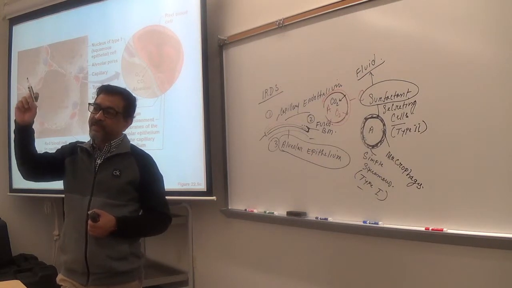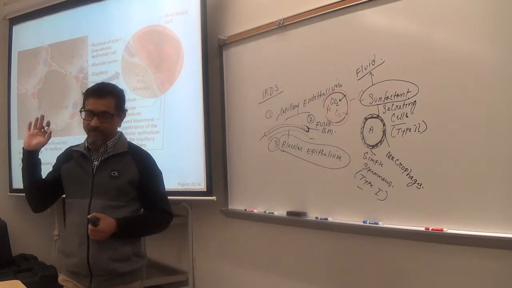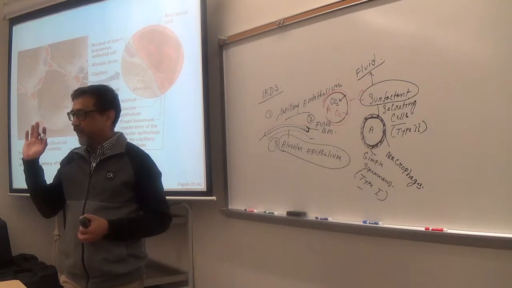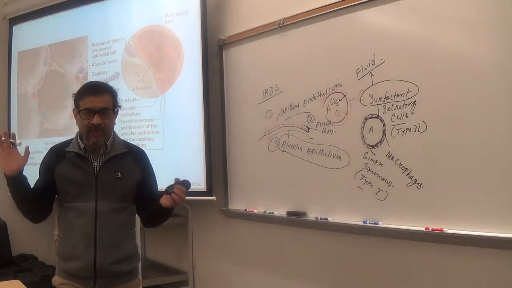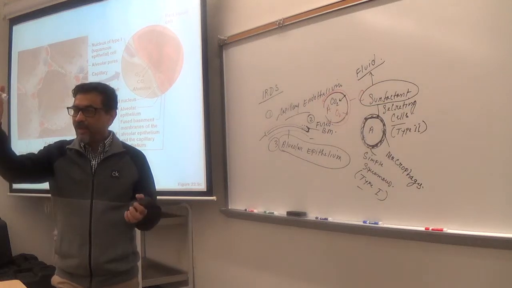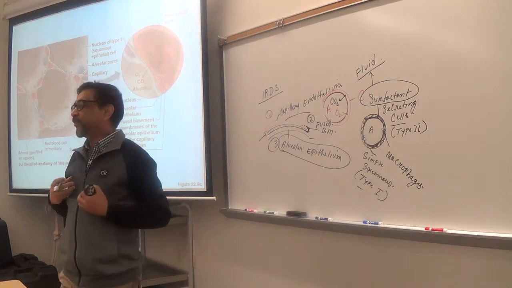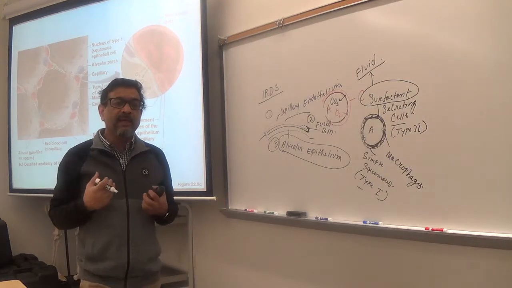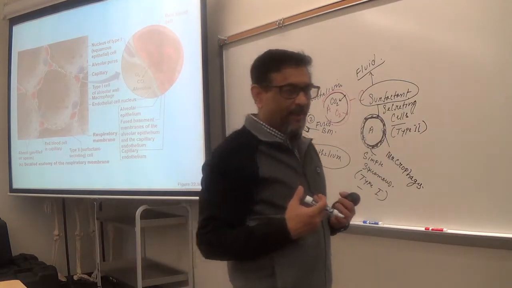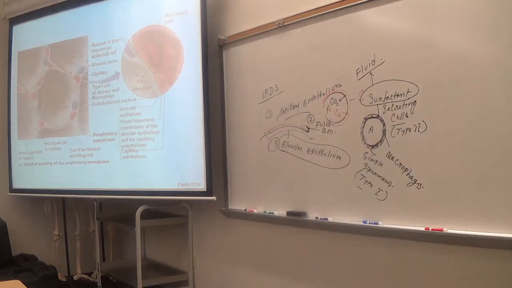Surfactant secreting cells are absent in the alveoli. So what happens? Surfactant is not there, right? So alveoli will collapse and the infant will not be able to inhale the air. Make sense? So this is a serious clinical condition that happens.